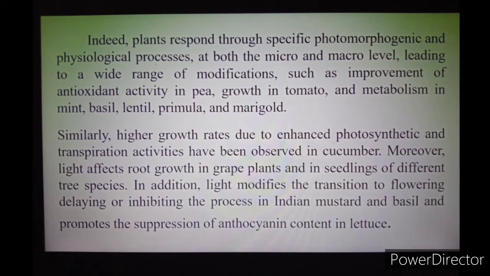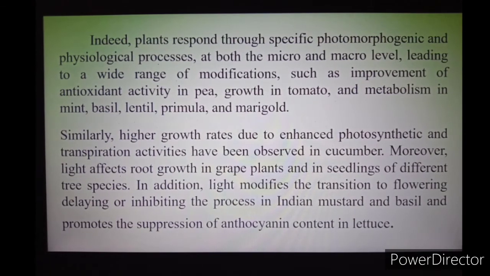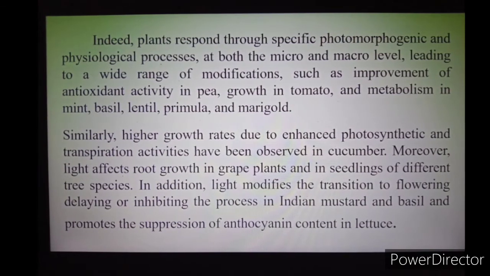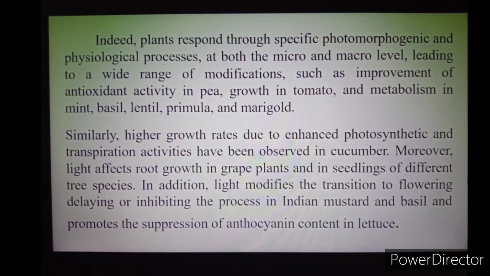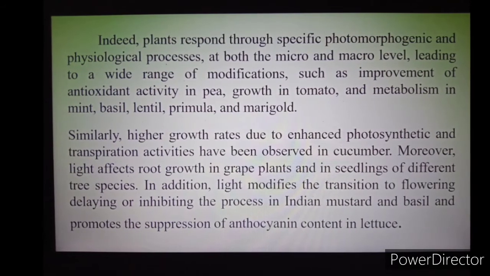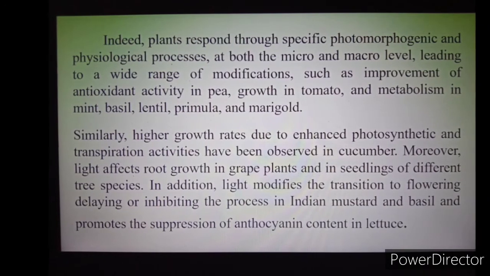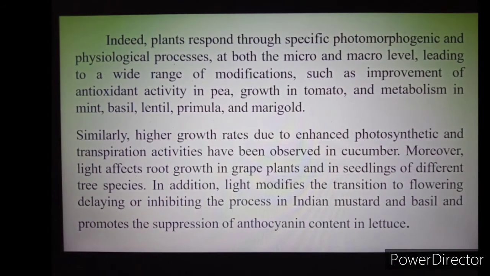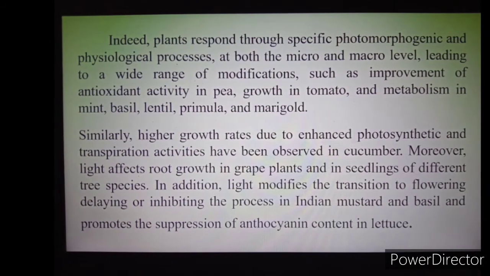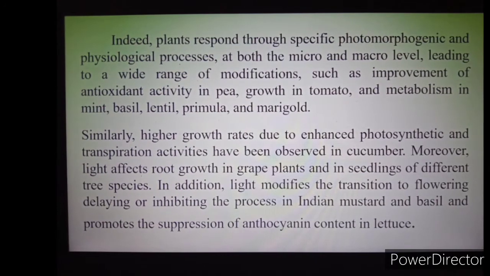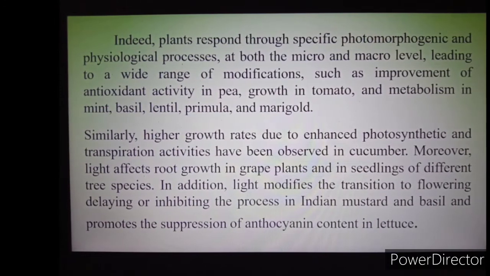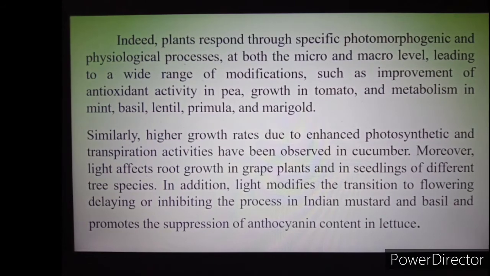Moreover, light affects root growth in grape plants and in seedlings of different tree species. In addition, light modifies the transition of flowering, delaying or inhibiting the process in Indian mustard and basil, and promotes the suppression of anthocyanin content in lettuce.